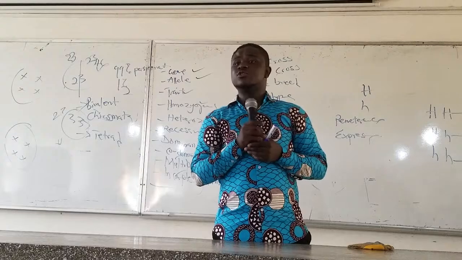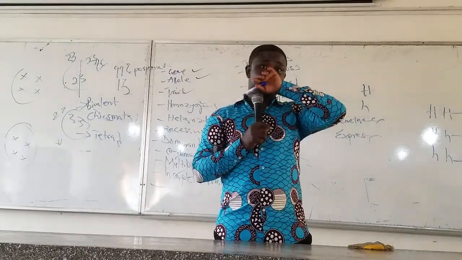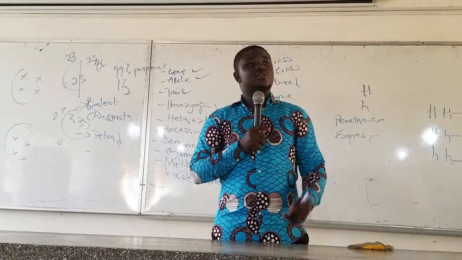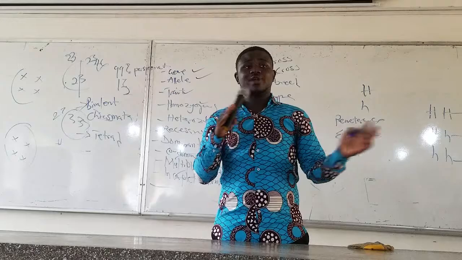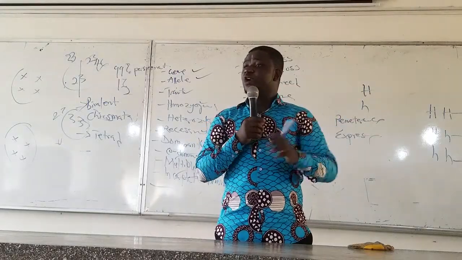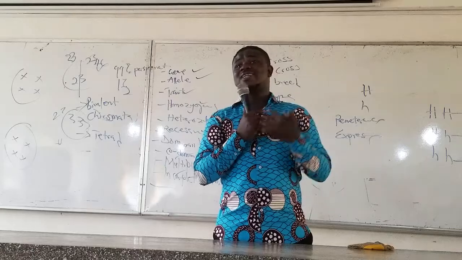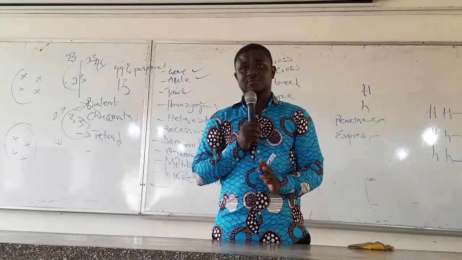You have those that produce white flowers and one that produces which type of flowers? Purple flowers. You have those that produce round seeds, wrinkled seeds. There are always 2 contrasting variations, so you could study the various variations as easily as possible. For this and so many reasons, Mendel chose that particular plant.